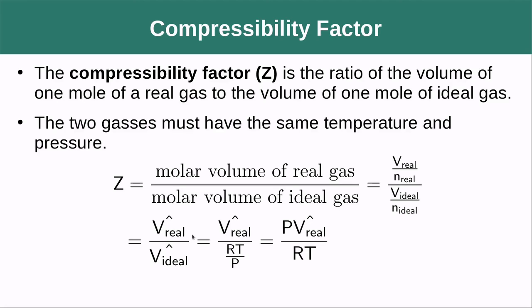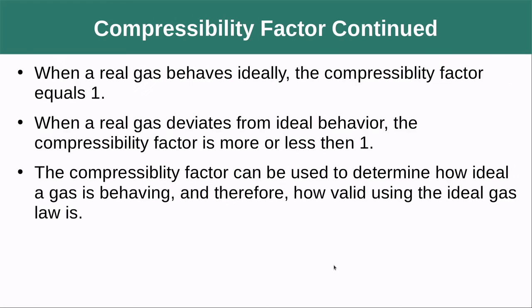So if we have the molar volume of the real gas over the ideal, we know that this term for an ideal gas would equal RT divided by P, and we see that Z is equal to PV real divided by RT. So essentially, the ideal gas law with the actual volume plugged in. When a real gas behaves ideally, the compressibility factor is going to equal 1.